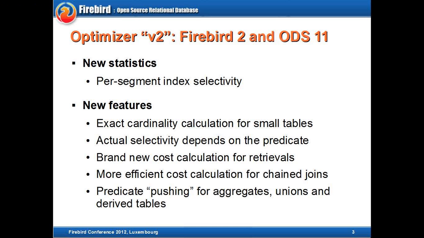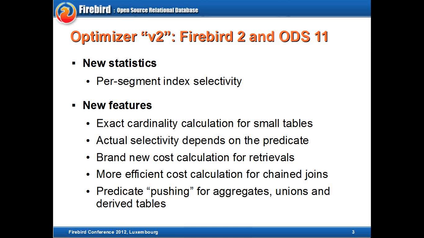One part is working with legacy databases, ODS 10, and InterBase databases, and a completely different optimizer works with Firebird 2 and ODS 11. So if you want to benefit from all these changes, maybe a few of them could be available even for older databases, but the major number of them is available only for ODS 11 and above.